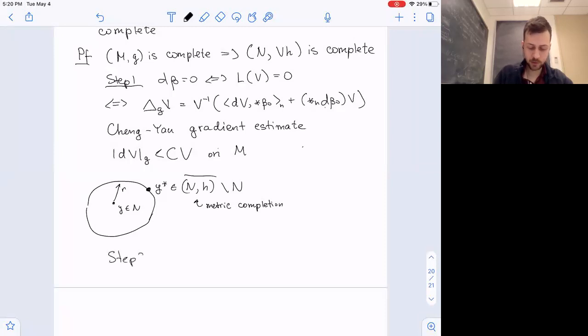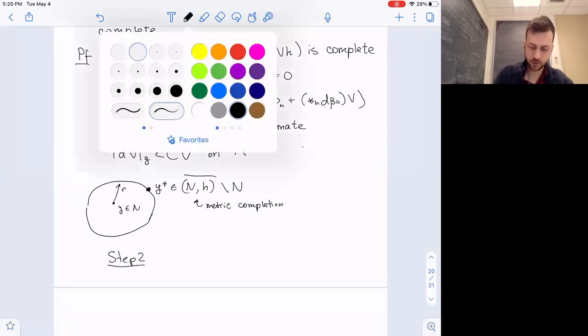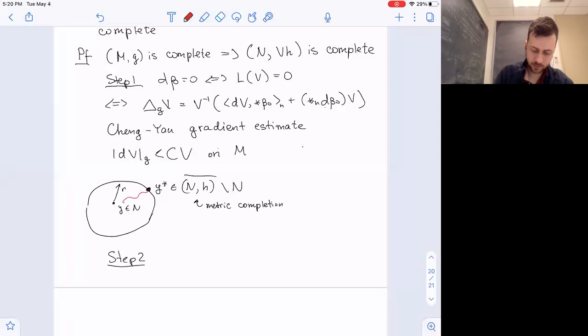So step 2. Along any curve, if you draw any curve here, maybe let's call it gamma, then you'll necessarily have that the length of this curve with respect to metric VH is infinite, and we assume that there exists a curve for which this is finite, right?